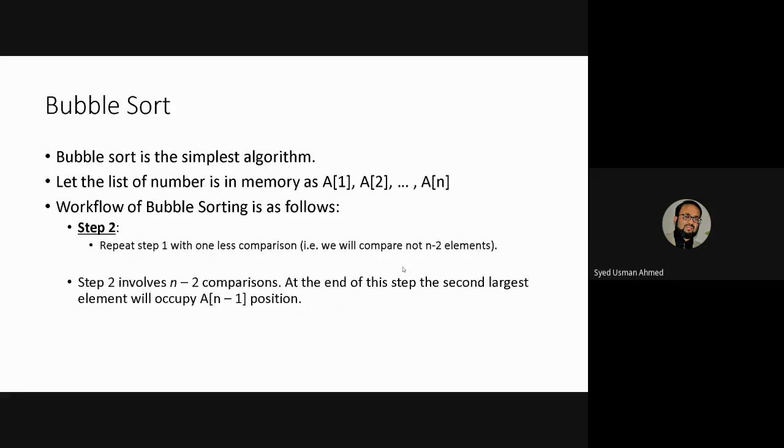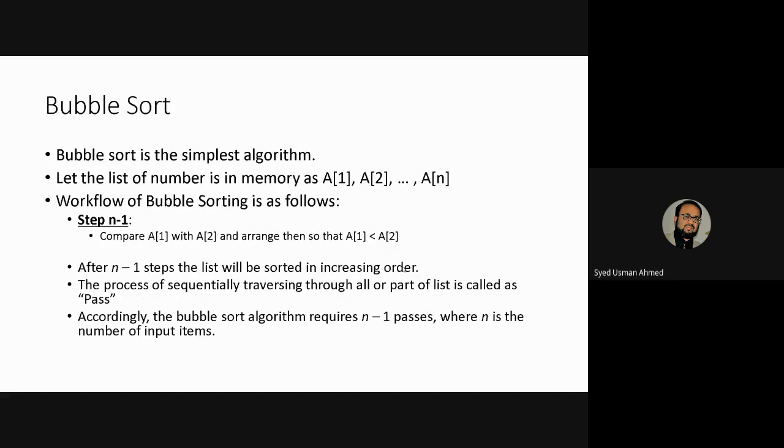Now, step 2 is a repetition of step 1 with one less comparison. That means step 2 involves n minus 2 comparisons. At the end of this step, the second largest element will occupy the n minus 1 position. We keep doing the same thing, reducing the number of comparisons in each step.